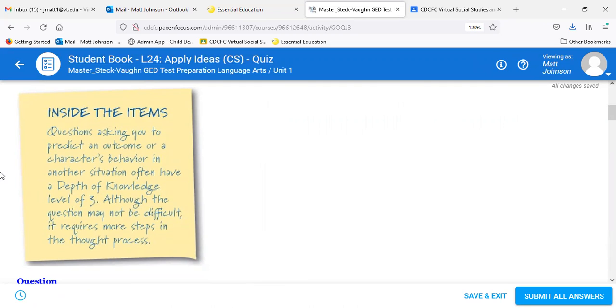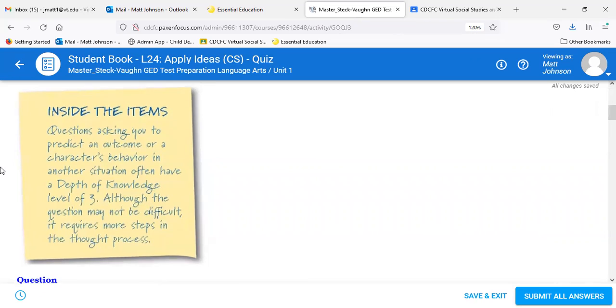Although the question may not be difficult, it requires more steps in the thought process. If we look at this as a hierarchy, inferences come first, then conclusions, and then applying ideas, all building on the same type of skills. But by the time you get to applying ideas, you're thinking a little deeper about what you're reading. That's the idea here.